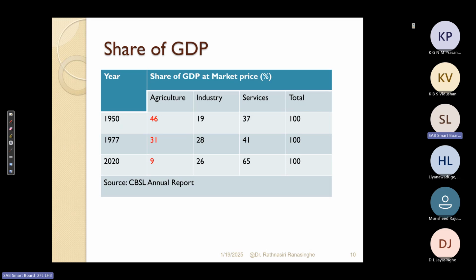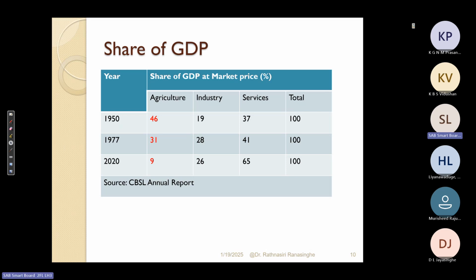There should be forward and backward linkages among these sectors, but we cannot see such linkages. Our pyramid is the other way around: the service sector is dominant and agriculture is small. It is not a stable economy. A stable economy should be a pyramid, but it's the other way around.